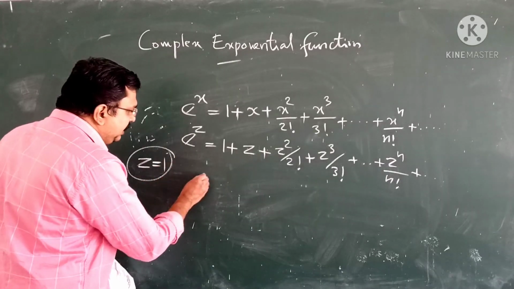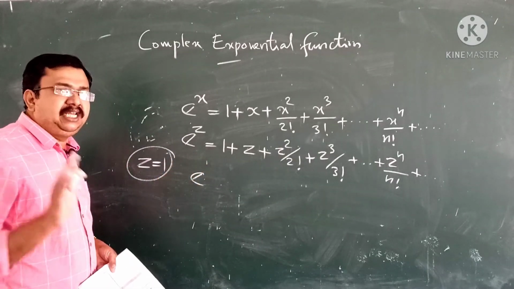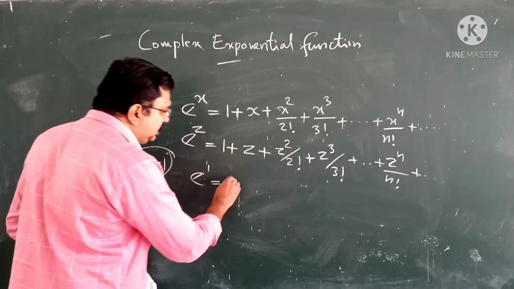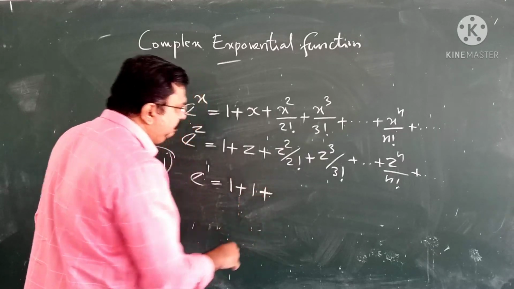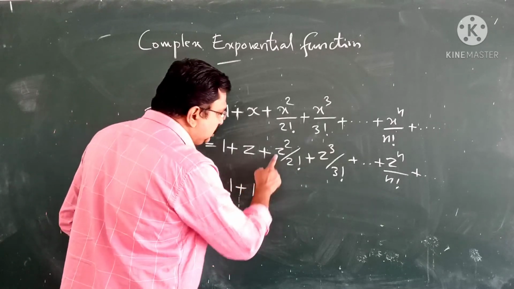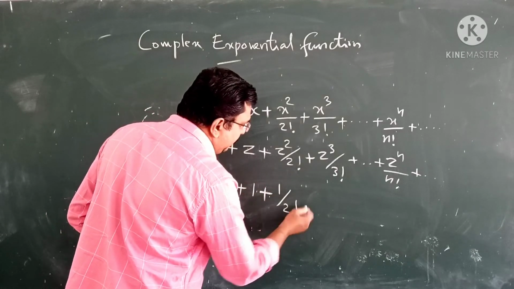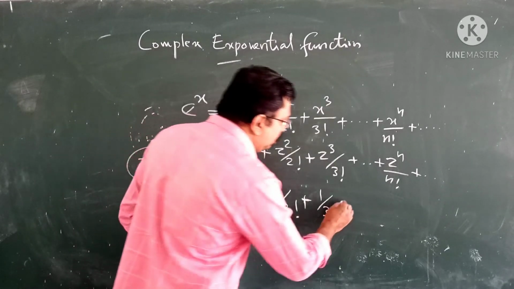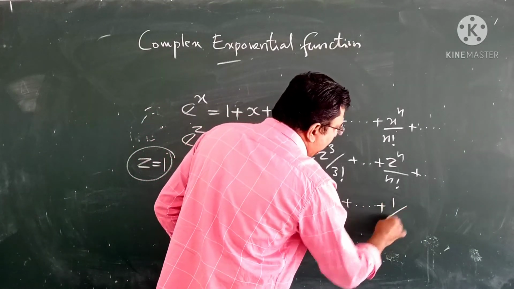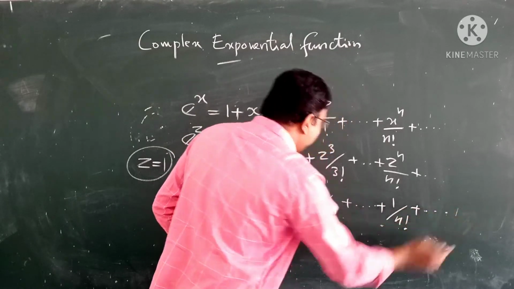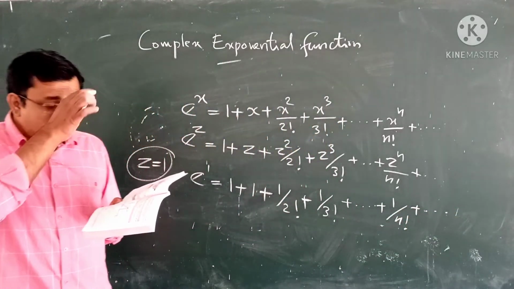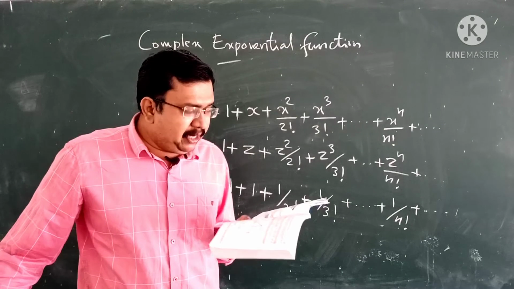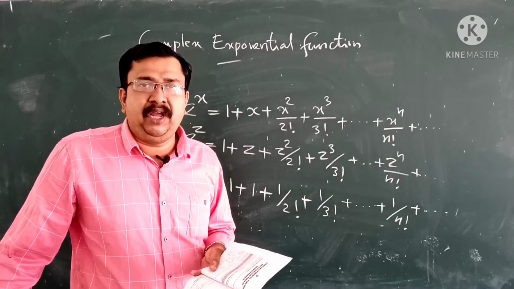Then we will get e raised to 1, which is e, equal to 1 plus 1 square by 2 factorial, that is 1 by 2 factorial, plus 1 cube by 3 factorial, that is 1 by 3 factorial, plus etc., plus 1 by n factorial plus etc. This number, e raised to 1, is the real number e and is called the Euler number.